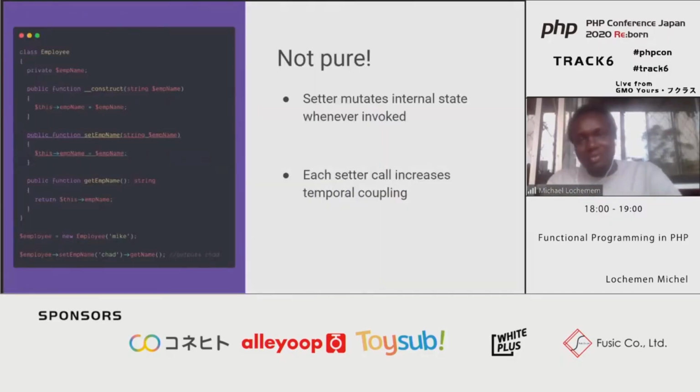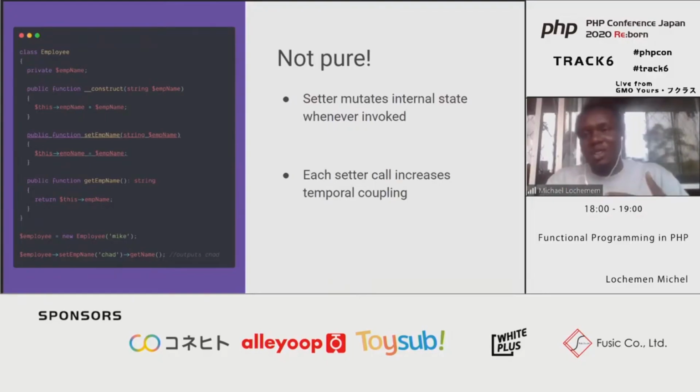So again, about impurity in classes. Impurity is endemic to a lot of setters, which means that if you write setters like this, chances are you're creating these illegal mutations, at least from a functional programming sense.